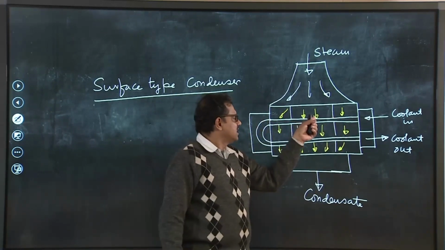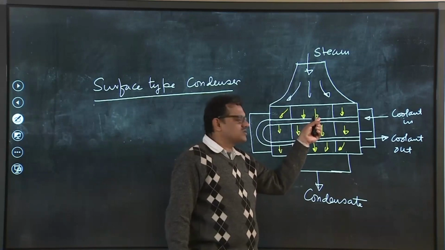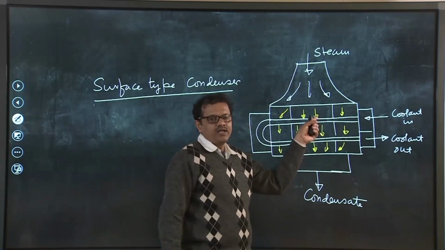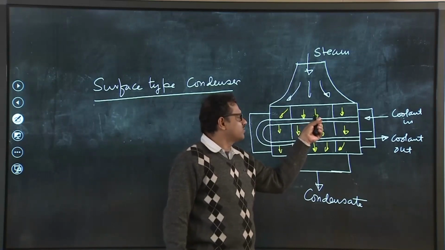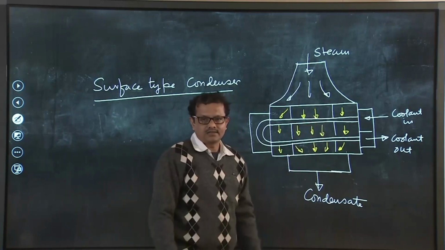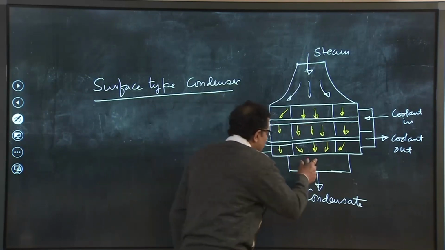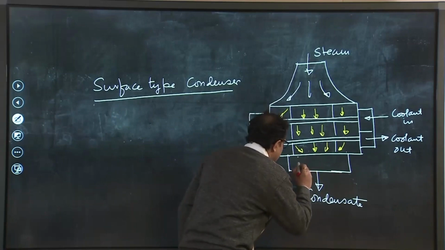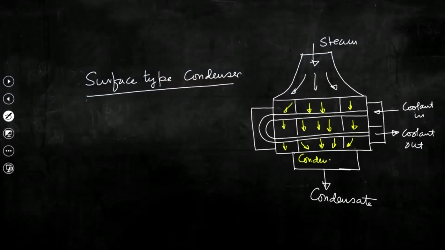When steam passes over the tubes, when steam is in contact with the cold surface, it condenses, and eventually we will be collecting condensate here, right.